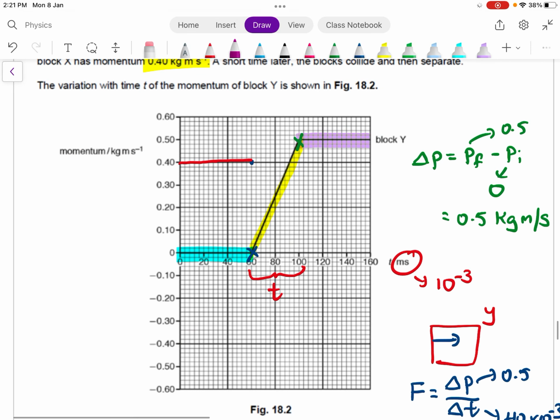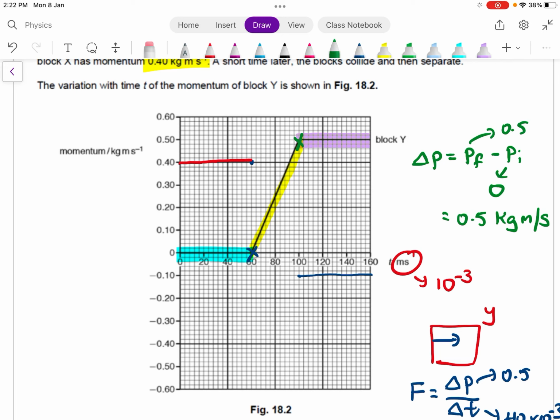So you just need to sketch out at around 100 milliseconds. It's about 0.1, so let me just erase this first. Okay, so 0.1 I sketch here. So this is the momentum of X after collision. So what you need to do during the collision is just to use a ruler. You just connect the two lines.